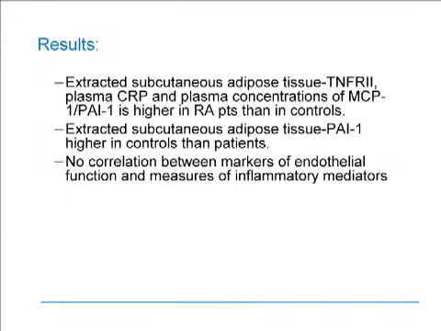The results showed that the subcutaneous adipose tissue TNF-R2 and plasma CRP and plasma concentrations of MCP and PAI1 metabolic cytokines are higher in RA patients than controls. The extracted subcutaneous adipose tissue, in particular PAI1, were higher in controls than patients. So there was no correlation between markers of endothelial function and measures of inflammatory mediators.